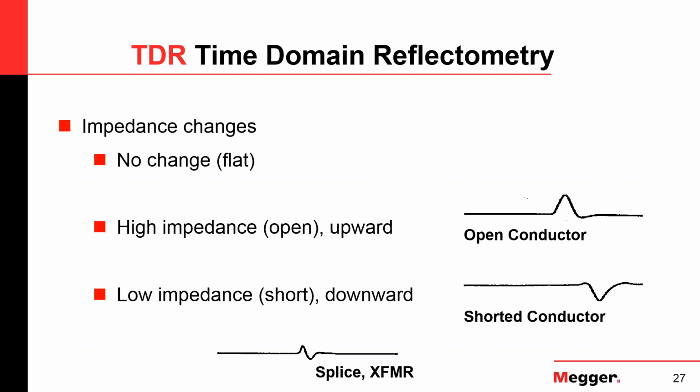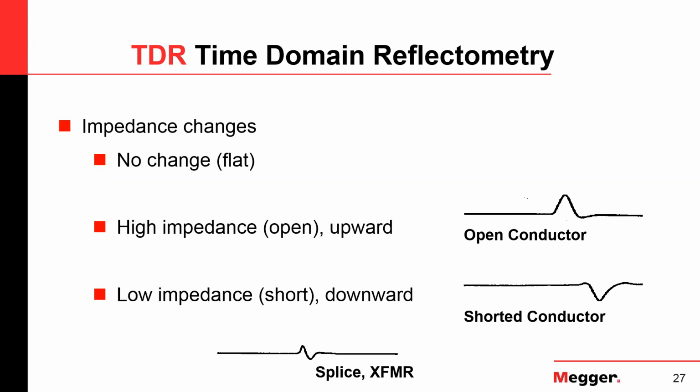So what kind of signatures do we have? You look on your screen, so you connect the one lead of the TDR to the center conductor, the other lead to the return. If there's no change in impedance, that means there's nothing going on with the condition of the center conductor and the neutral, it's a flat line.